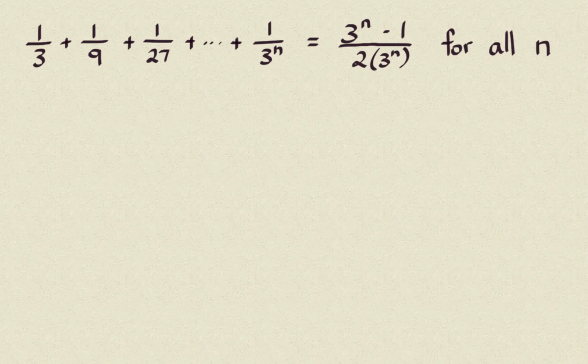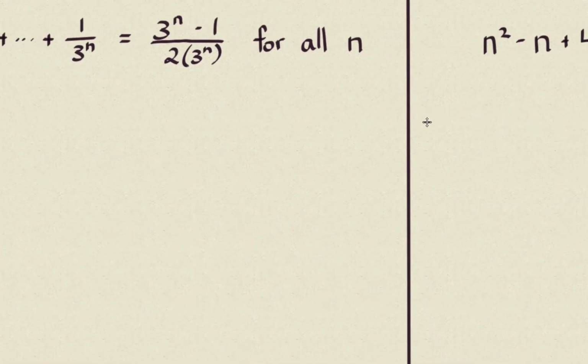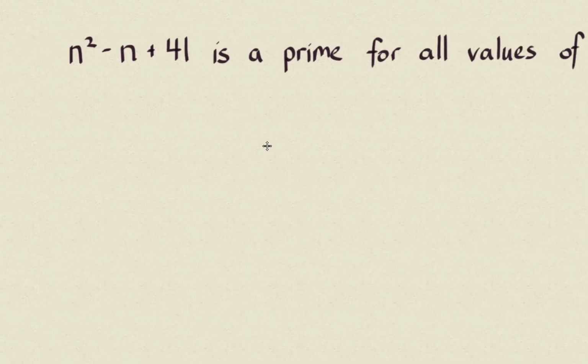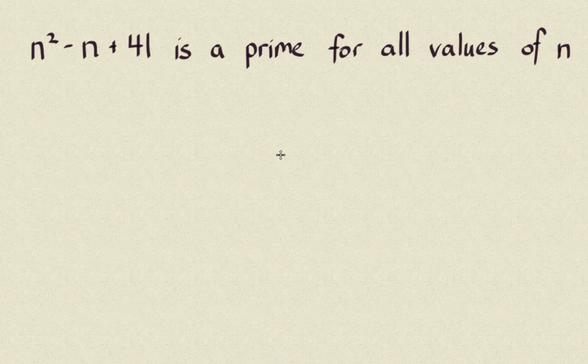And this is true for all n. Our second statement is over here. We have n squared minus n plus 41 is a prime for all values of n.